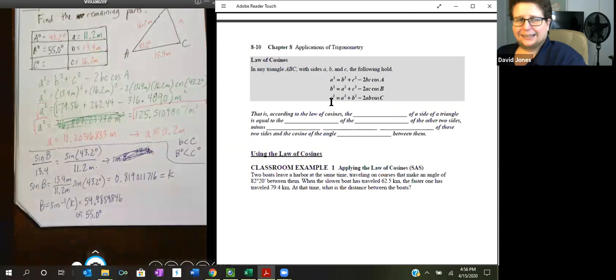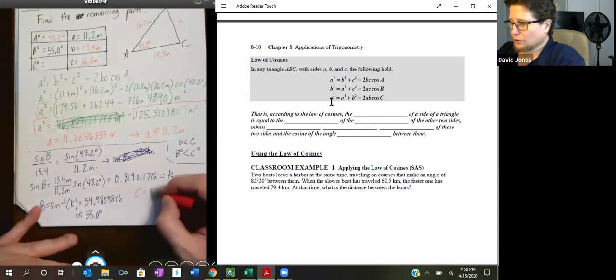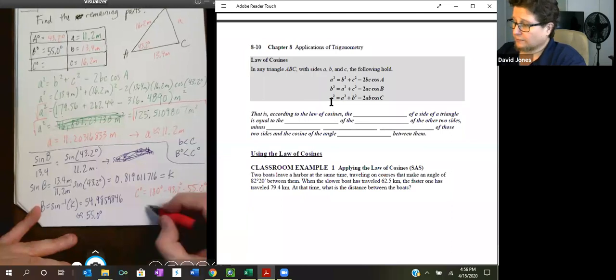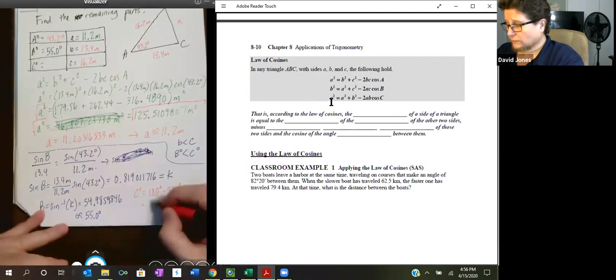You do not need the law of sines to find side C or angle C. C equals 180 minus 43.2 minus 55 degrees, which is 81.8.